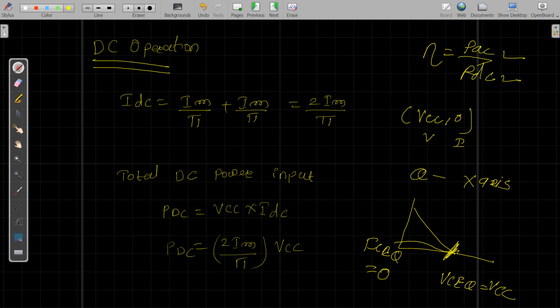Now let us find the DC input power. What we know is each transistor output is in the form of a rectified waveform.